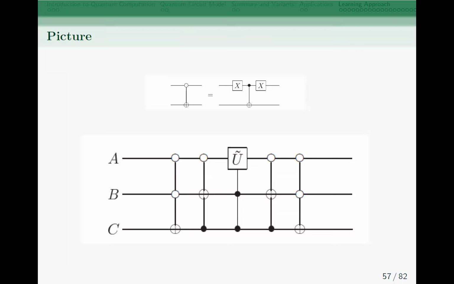If U tilde is applied, then this guy must be 1 and this guy must be 1. But there's no target here, this is a control, so this must stay the same. So 1 must be here.